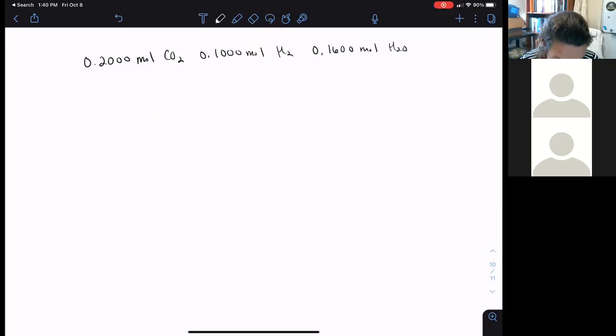And it's all placed in a 2-liter vessel. When we put all these things in there, oh, and it's at 500 Kelvin. When we place it all in there, we get the following equilibrium.